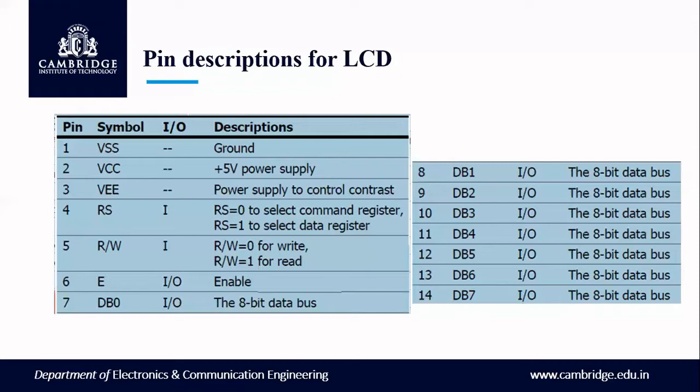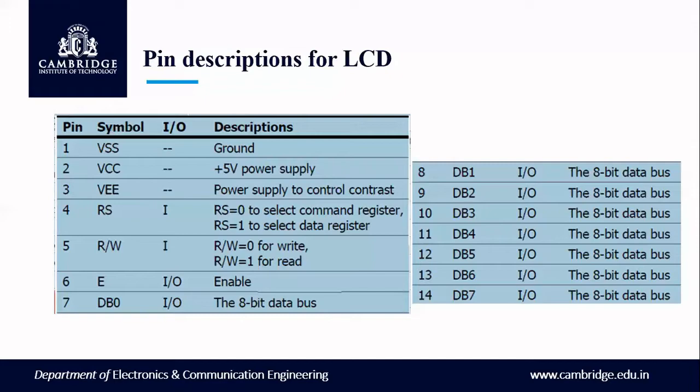And pin number 6, E, stands for enable. It is an input pin. You can enable it by sending a high to low pulse, so you will be activating the functionality of the LCD. Whenever you want to read, write, or send a command code or the data register, you should enable the LCD.